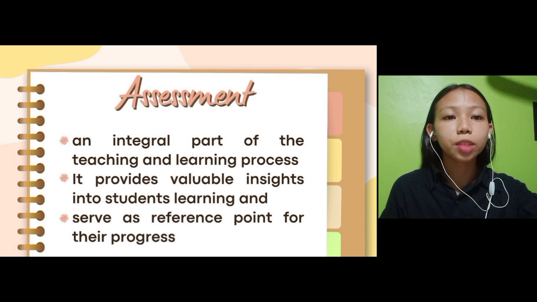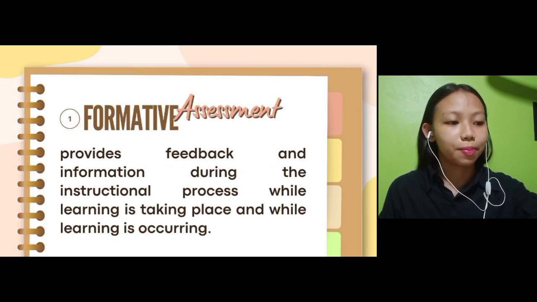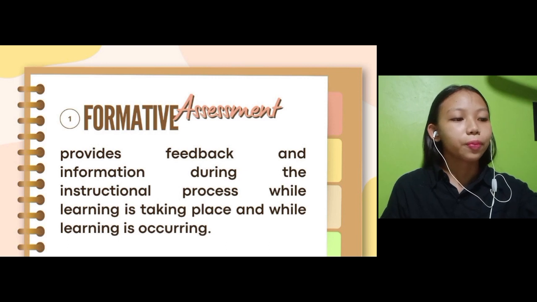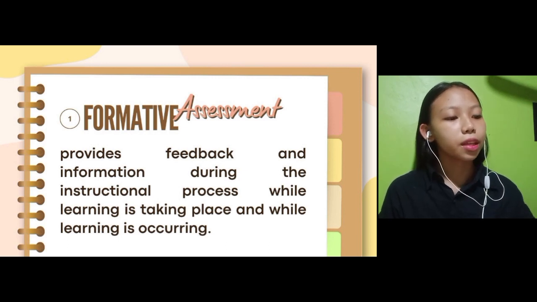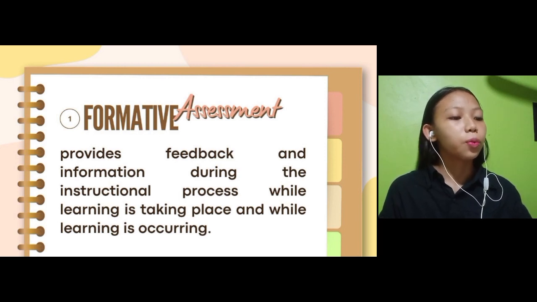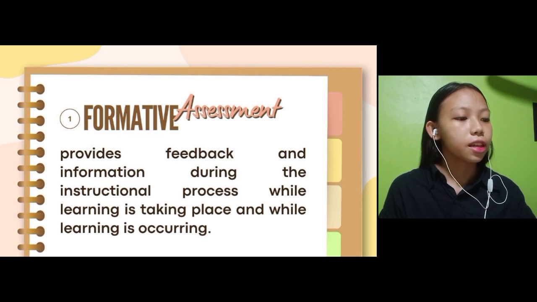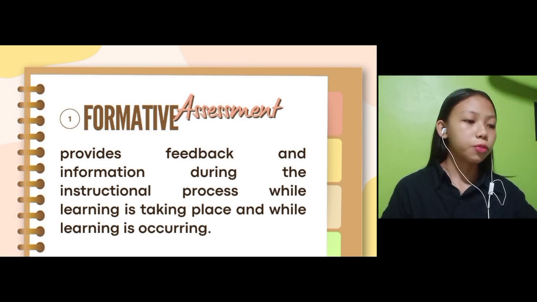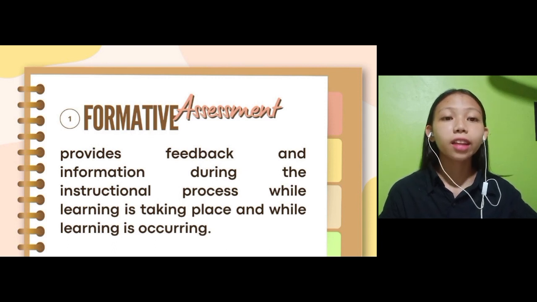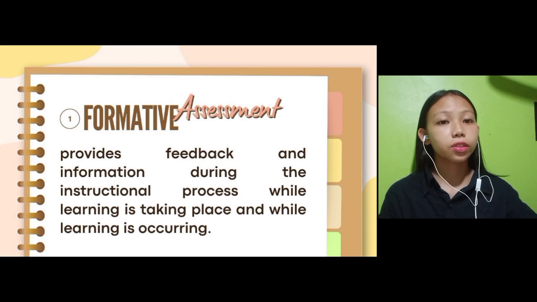So, now let's proceed to the types of assessment. First, we have formative assessment. So, formative assessment provides feedback and information during the instructional process while learning is taking place and while learning is occurring. Formative assessment is given during or right after the instructional process.